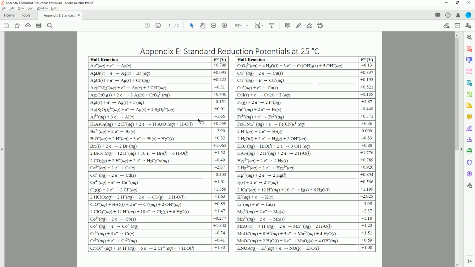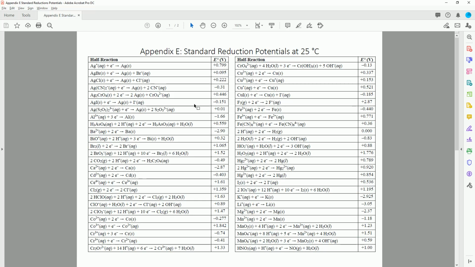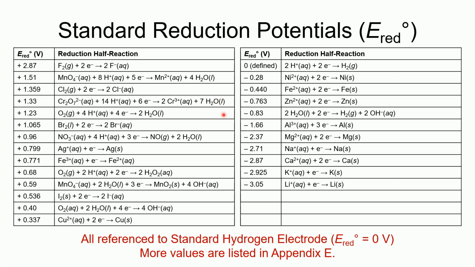It is listed in a sort of pseudo alphabetical order based on the symbol, not the actual name of the element. So that is our standard reduction potentials at 25 degrees. We're going to refer back to this numerous times, so I will leave this open, and we will come back to it many times today.